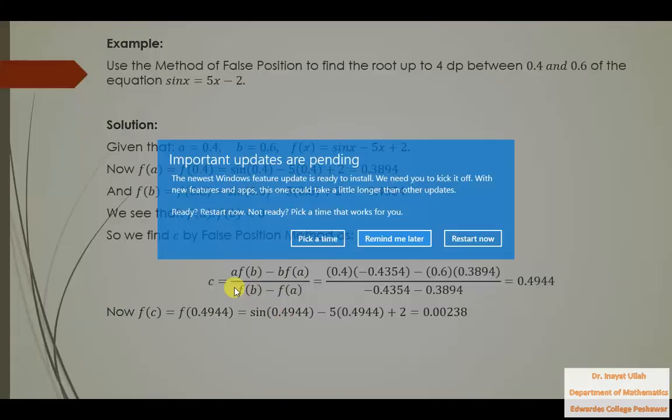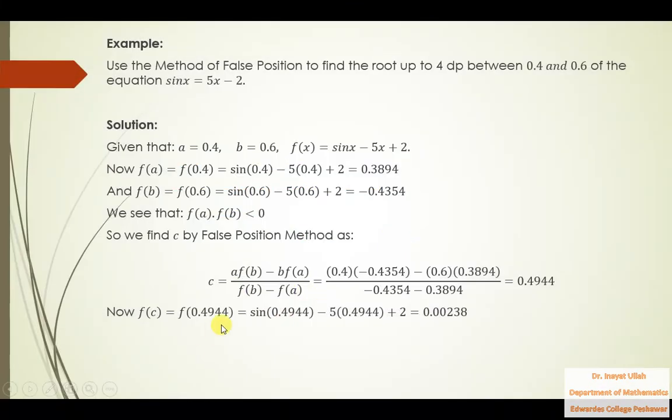Now put this c in the given function, replacing x by c, that is sin of 0.4944 minus 5 into 0.4944 plus 2, and this value is equal to 0.00238. That is f of c.